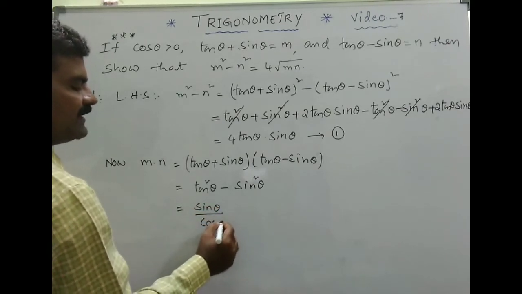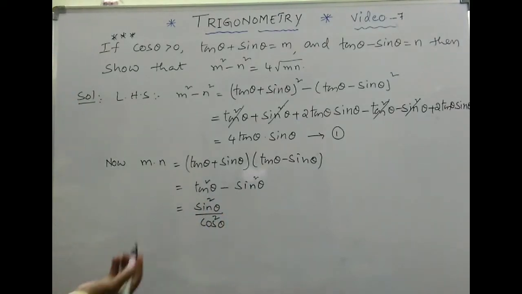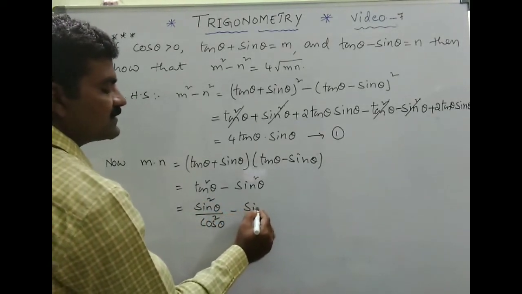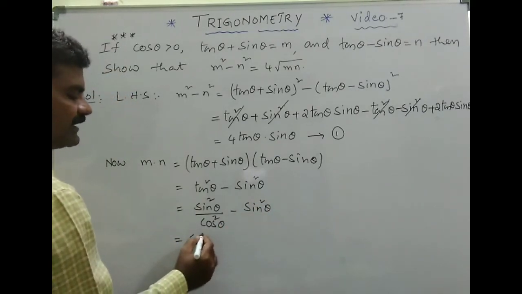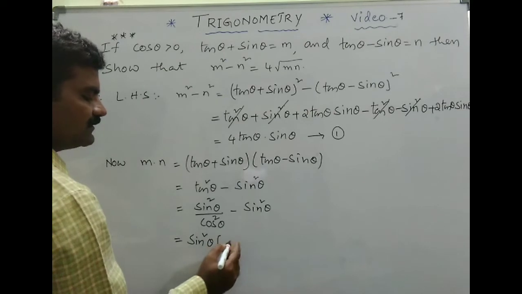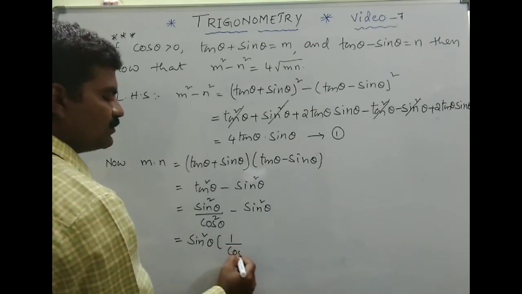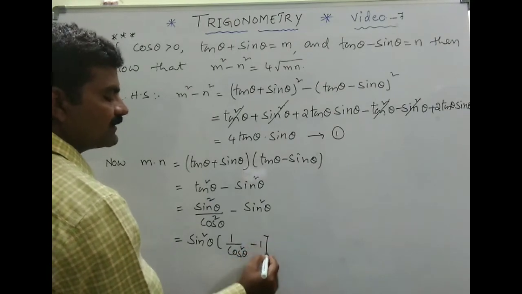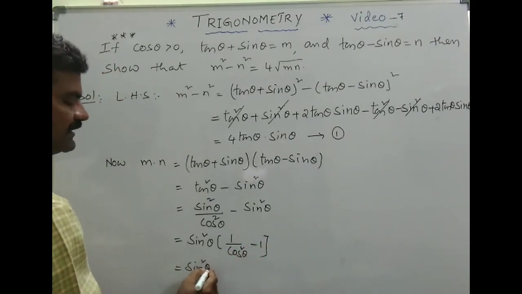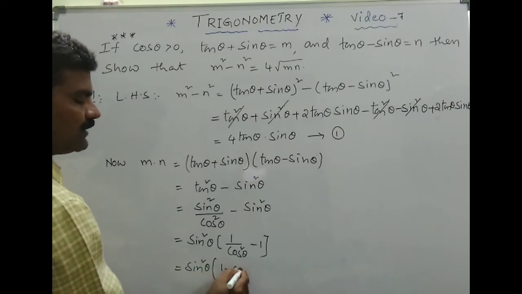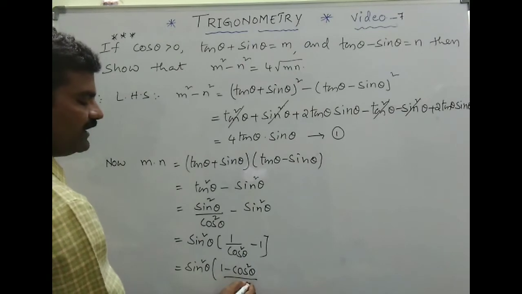I mean tan, I can write as sin by cos, and because of squares, let us write squares, minus sin square theta. Let me take sin square theta common. Then 1 by cos square theta minus 1. So this is sin square theta into (1 minus cos square theta) by cos square theta, by cross multiplication.